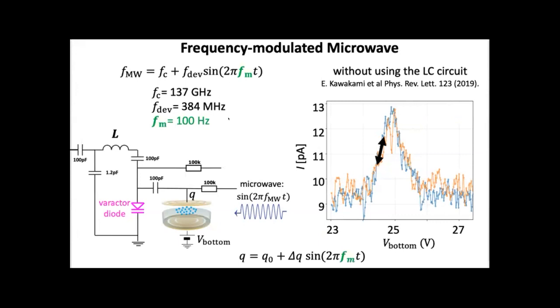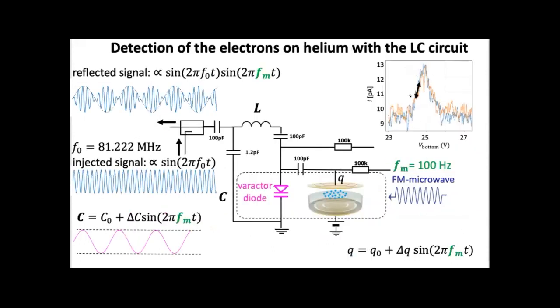So if we modulate the frequency of this resonant microwave, it's the same as we modulate the resonance condition here. So now if we modulate the resonance condition, then the average position of the electrons is also modulated at 100 hertz, and the image charge induced on the top electrode is also modulated at 100 hertz, and the capacitance is also modulated at 100 hertz.